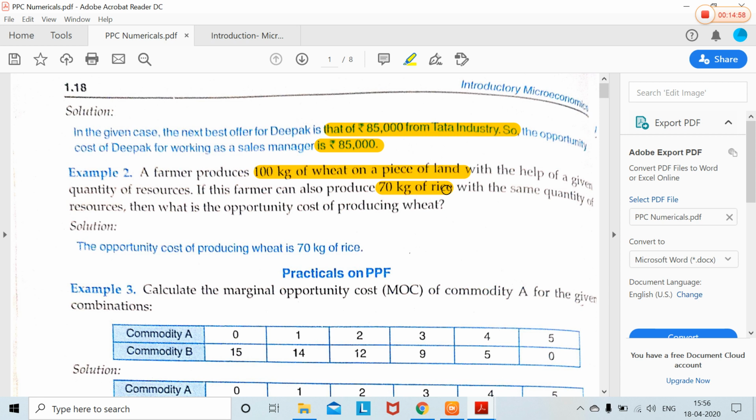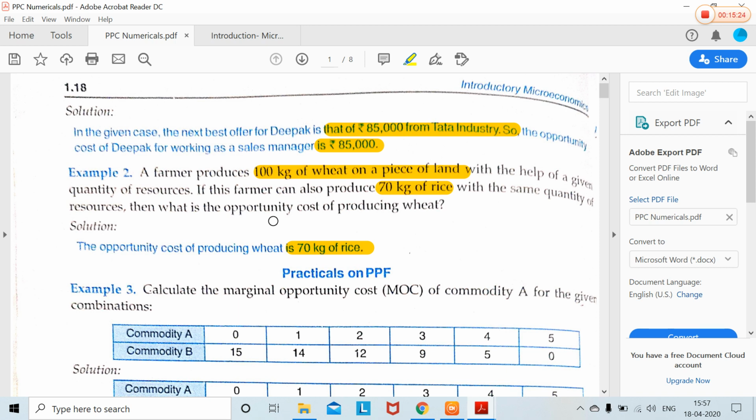So if he has chosen to produce 100 kg of wheat on that land, it means he is losing 70 kg of rice. So the opportunity cost of producing wheat is 70 kg of rice. This is what he has to let go. This is what he is not getting. This is something he has lost. So that's the opportunity cost of producing 100 kg of wheat.